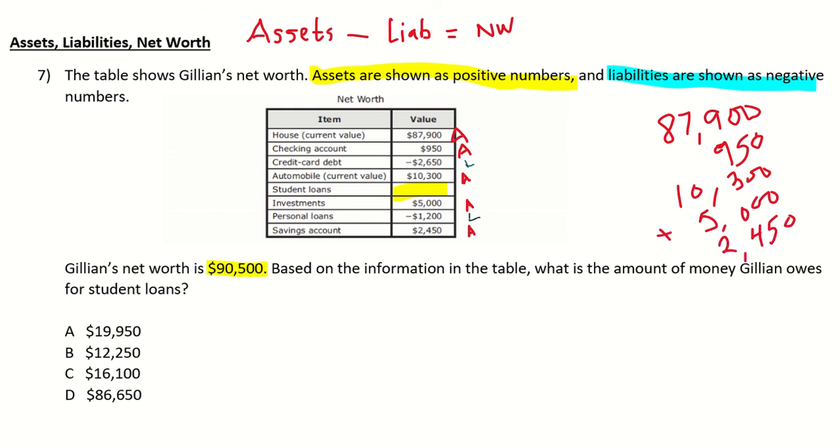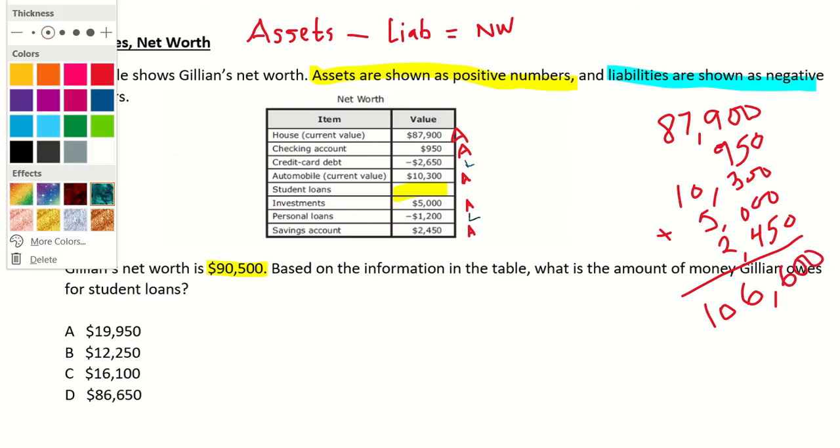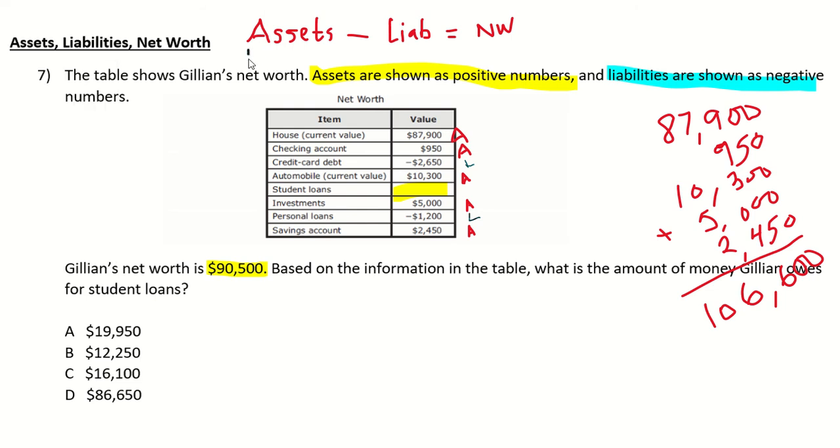These are all of the assets. I'm going to add everything up. When I added everything up, I got 106,600. Okay, so remember back to this formula up here. I'm going to put this number in the assets section. All of the assets were 106,600.